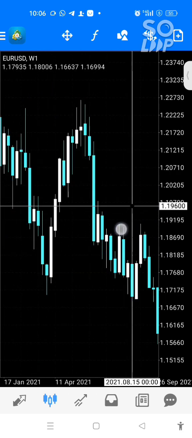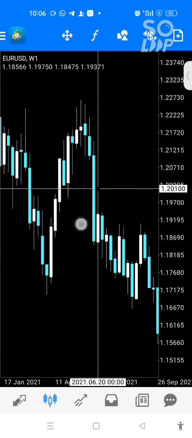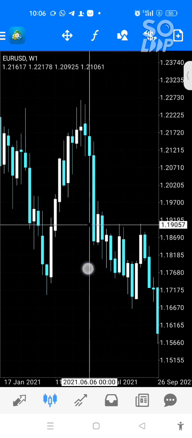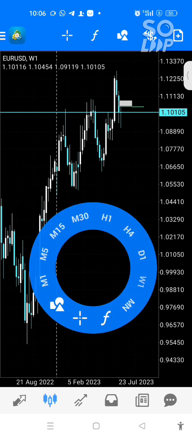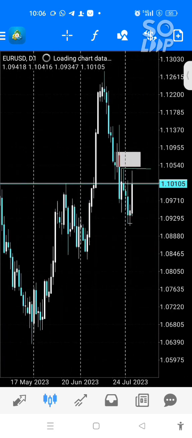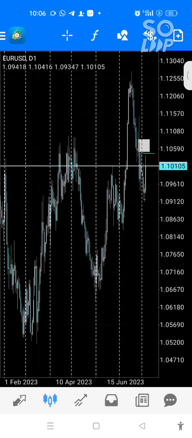It will be very difficult for me to find it here on a 15 minute time frame. That's why backtesting using MT4 is very, very difficult. But you can backtest at least 3 or 4 weeks of price action from 4 hour, daily to 15 minutes.